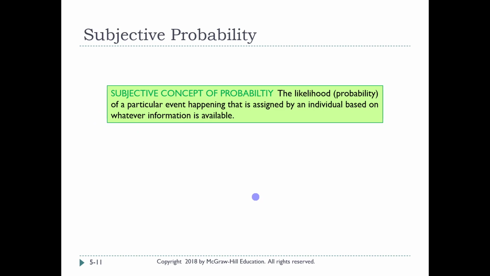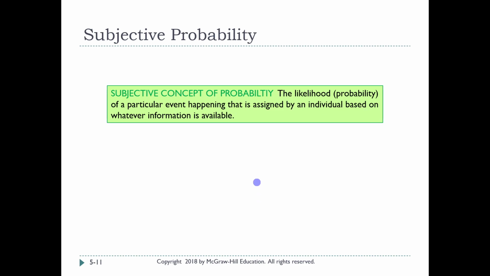Sometimes we don't have a mathematical theory or a way to exactly calculate that classical percentage, and we don't have enough past data, or the situation is new or unique enough that we don't have past data, and so we have to rely on a subjective concept of probability.